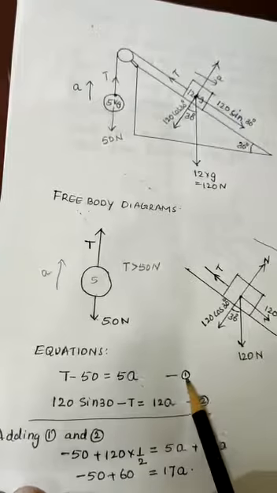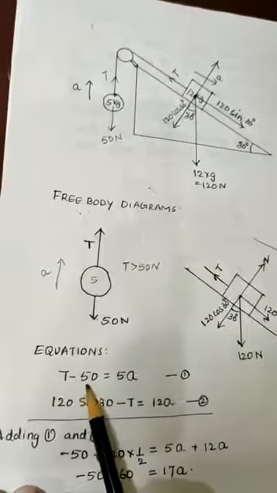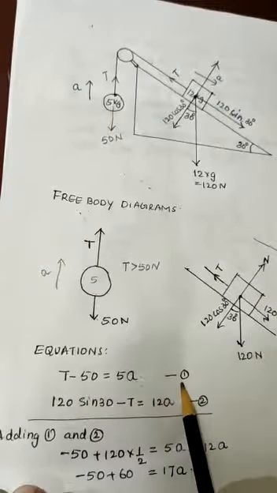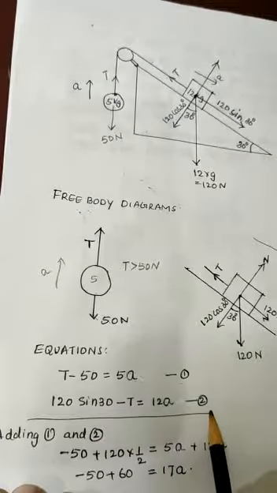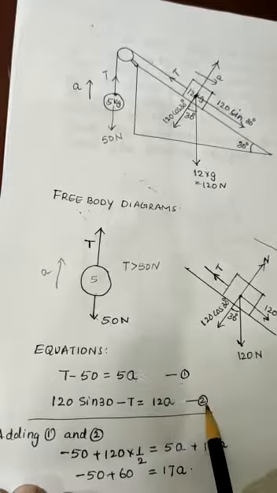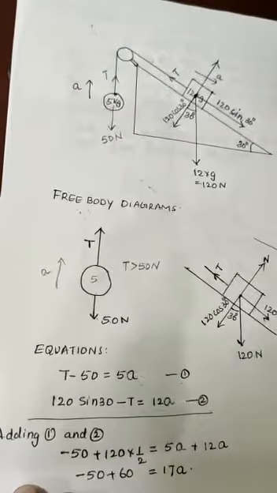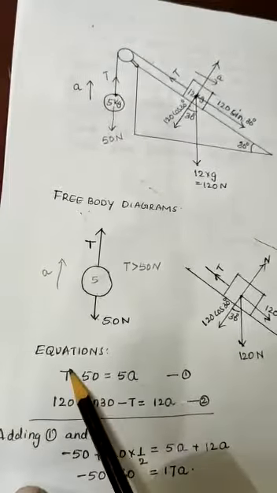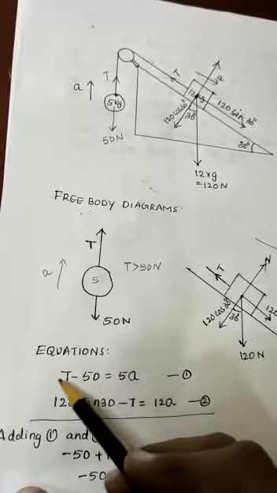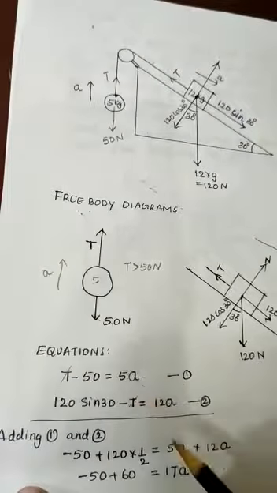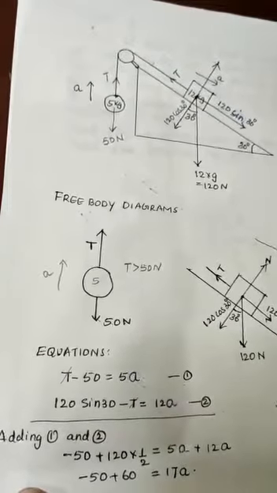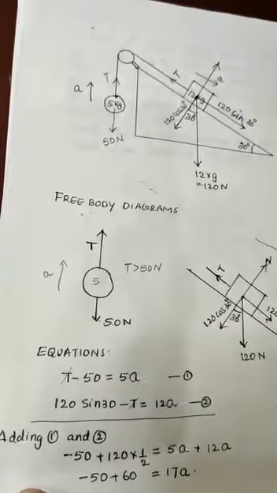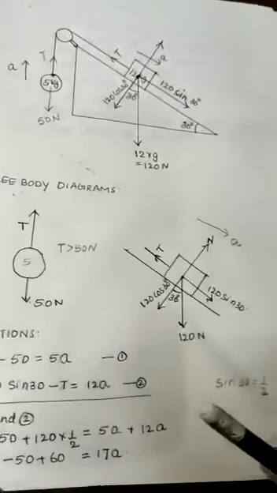Now if you take the equation T minus 50 equals 5a as 1 and 120 sin 30 minus T equals 12a as 2, and add the first and second equations, the tension gets cancelled. Now, sin 30 equals half.